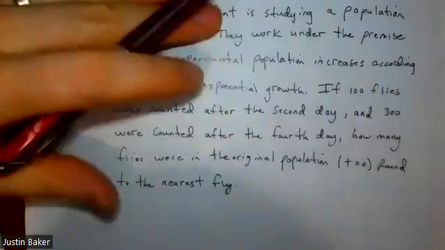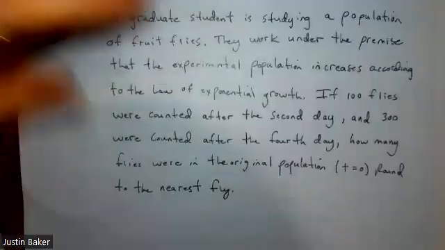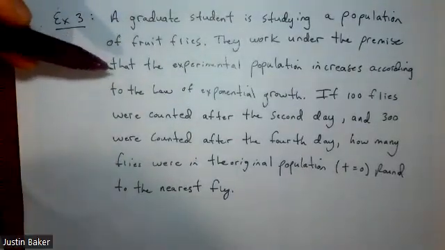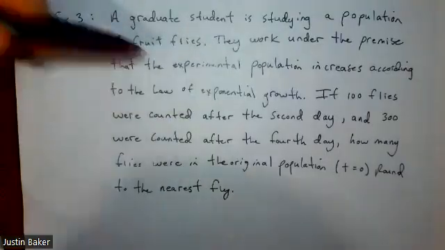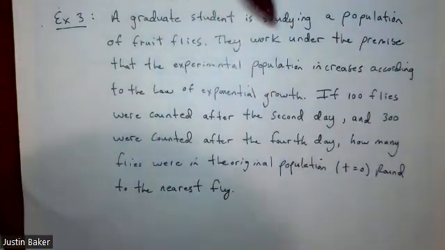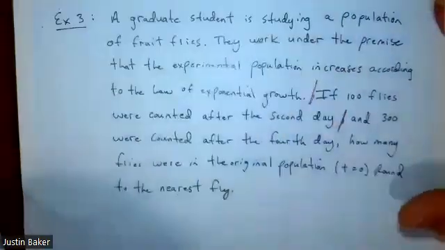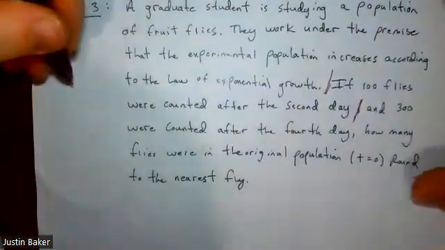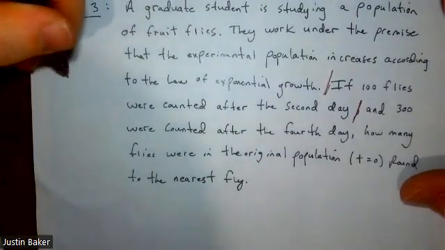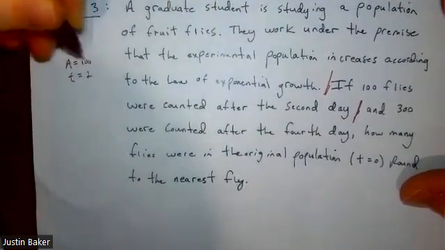So it says a graduate student is studying a population of fruit flies. They work under the premise that the population increases according to the law of exponential growth. As soon as you hear anything about exponential growth or decay, that's this lesson. If 100 flies were counted after the second day, pause, and just draw some brackets around that. We know right away that's t equals 2, and the amount was 100.